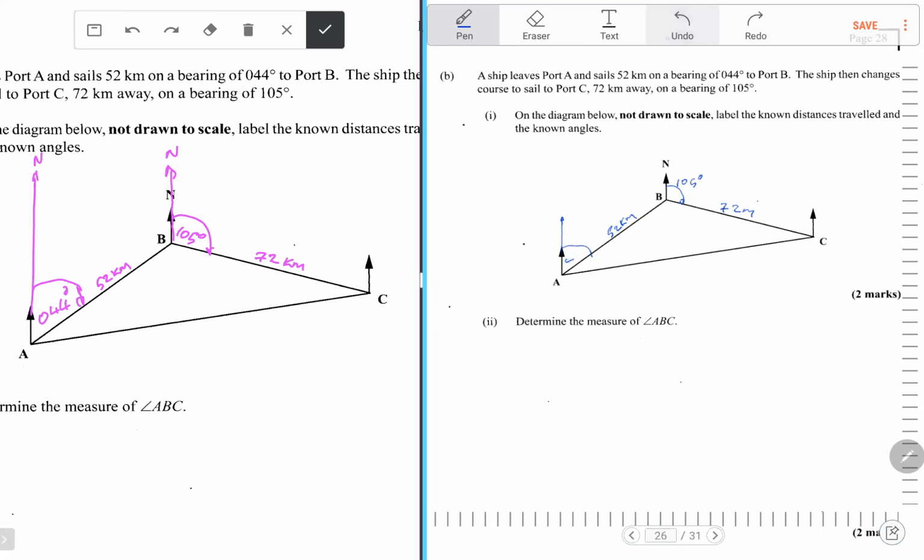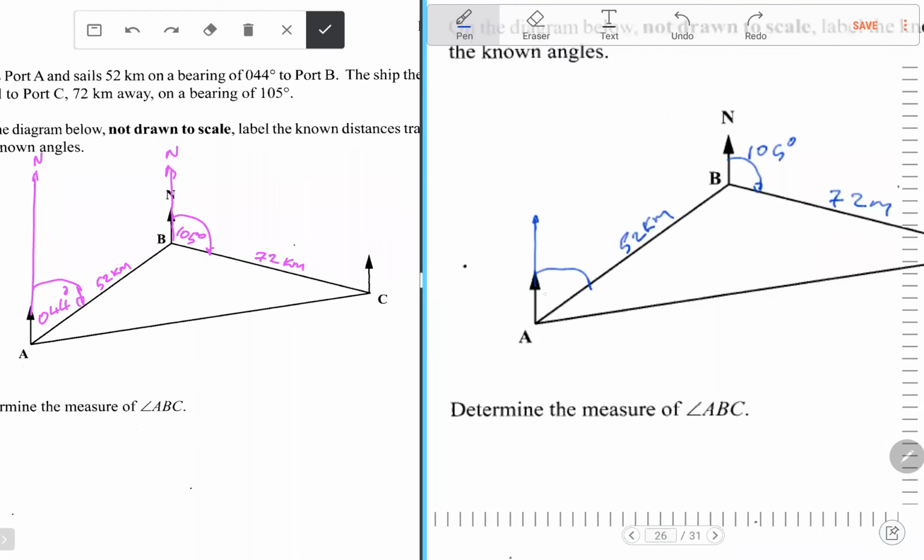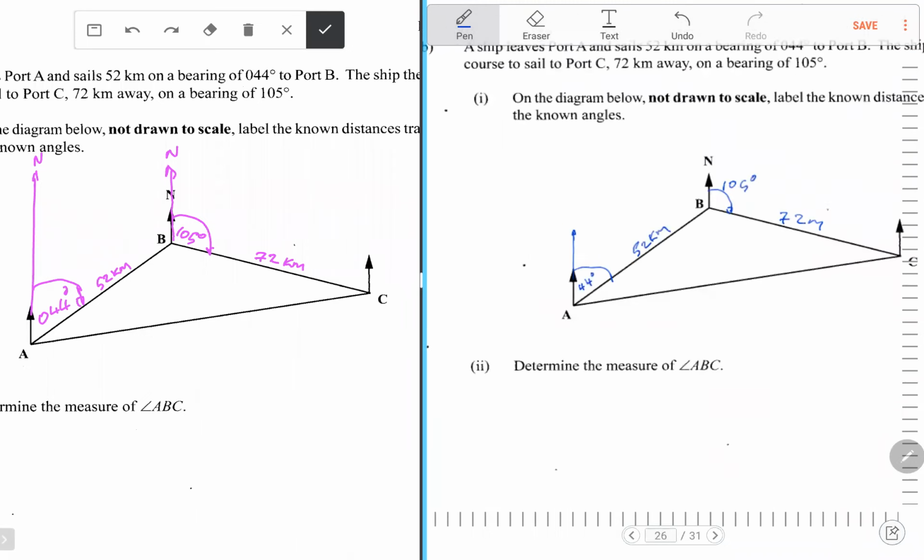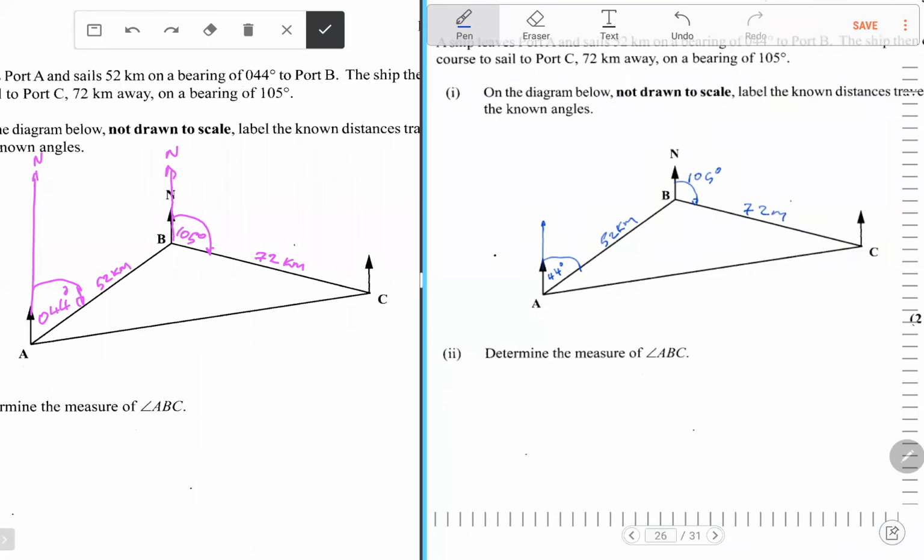The bearing is 044, but the angle is 44, because bearing must be written with 3 digits. So that's what we have so far, the north line. That's the first part, to label it up.